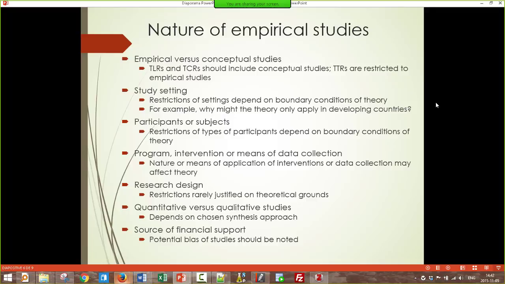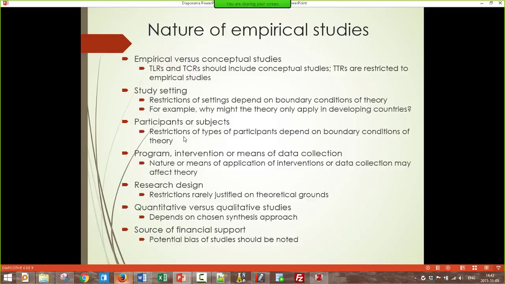Okay. Then the next topic is participants or subjects, and that is who are you actually studying. So when you're collecting data, you're doing your literature review, are you only looking at studies that did certain kinds of people?